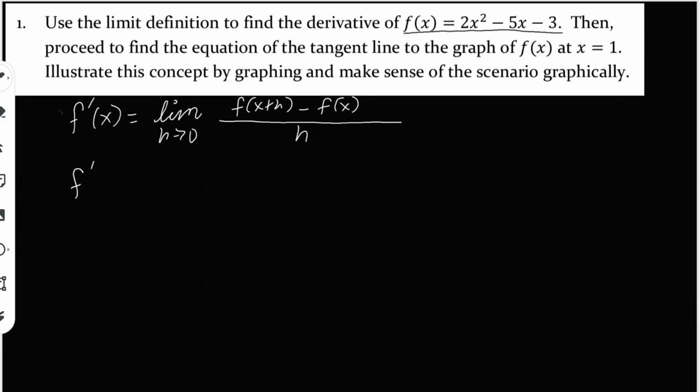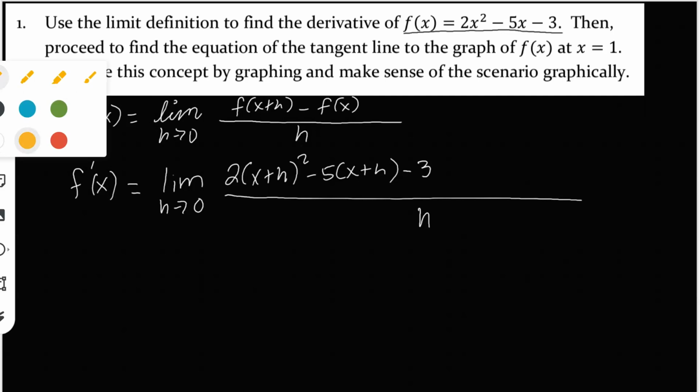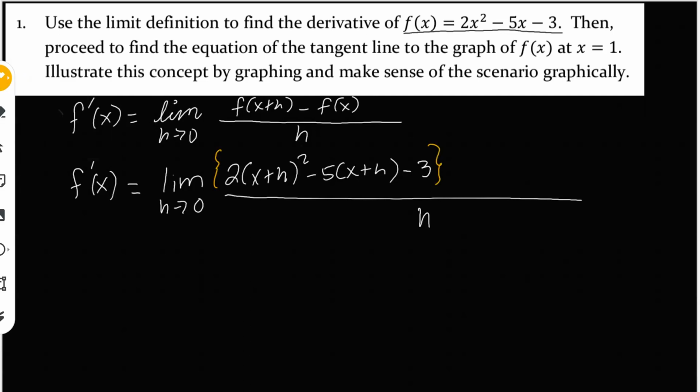So the derivative of f is the limit as h goes to 0 of, the denominator is h. On the numerator you have 2 times (x plus h) squared minus 5 times (x plus h) minus 3, and that is f of x plus h.